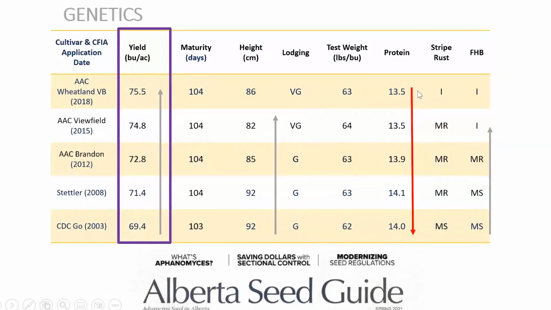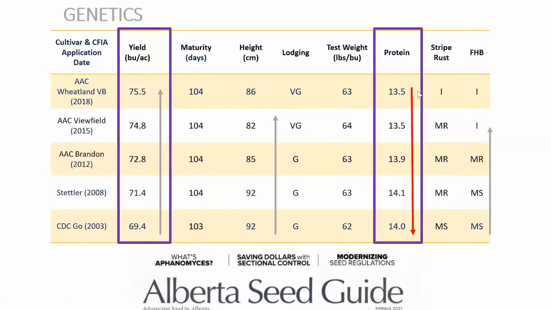Maybe on the flip side, though, we have this trend where protein tends to be decreasing, and that's that inverse relationship between yield and protein. That as you get more yield, your protein tends to drop because you're distributing that nitrogen among fewer kernels of grain. But the other great place where our breeders have made progress is in Fusarium head blight genetic resistance.